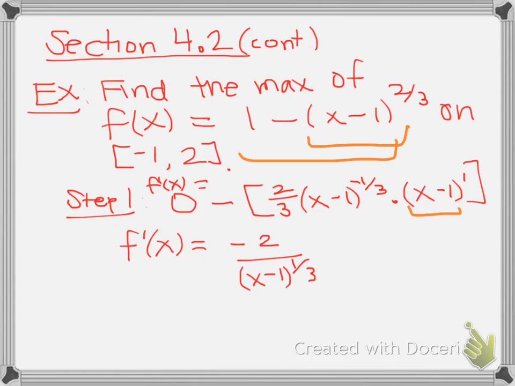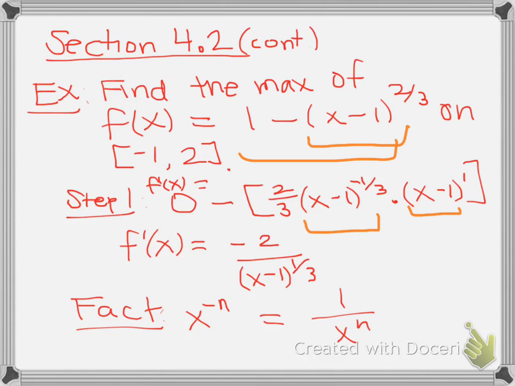Okay, and so all I did was, since that's to the negative, I brought that down. And here's a nice little fact, so you might want to write this down just to remember for my class and future classes. If you have x to the negative n, that will equal 1 over x to the n. Okay, and so that's all I did.